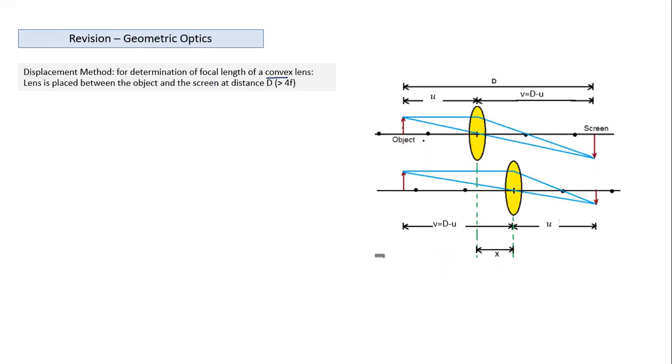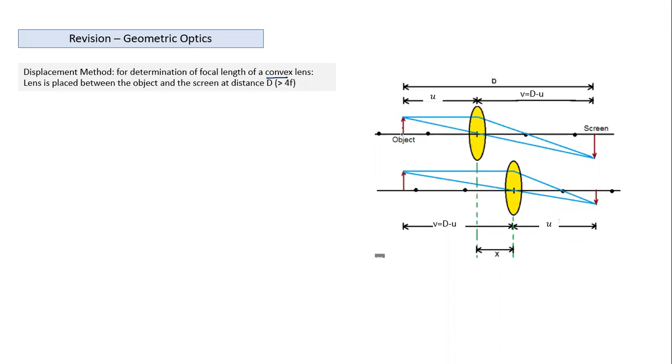When we place an object at a distance of 2f, the image forms at a distance of 2f. As we move the object from 2f, the velocity of the image is greater than the velocity of the object, or the distance moved by the image is greater than the distance moved by the object, hence the distance increases. So the minimum distance is 4f.